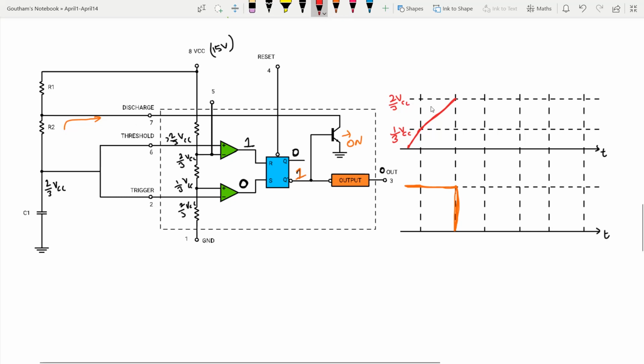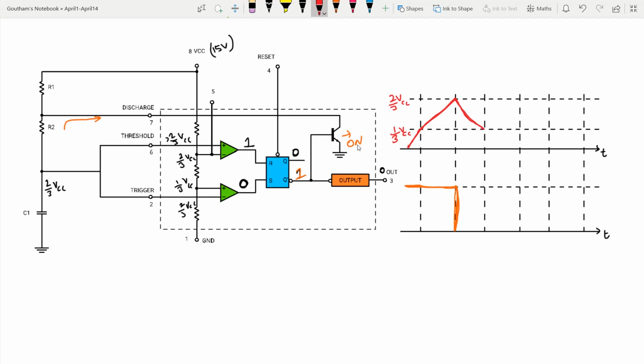So as the capacitor starts to discharge, the voltage across the capacitor also decreases or declines. What is the next point?